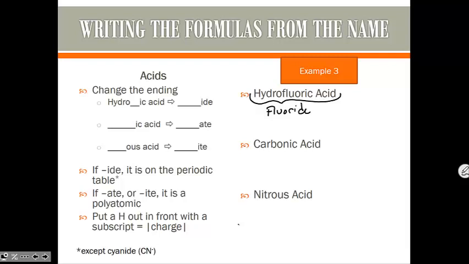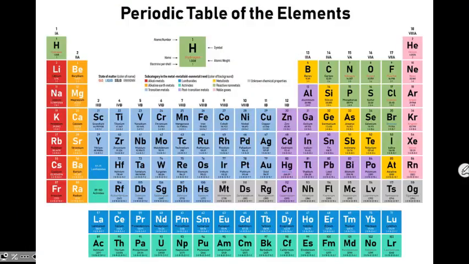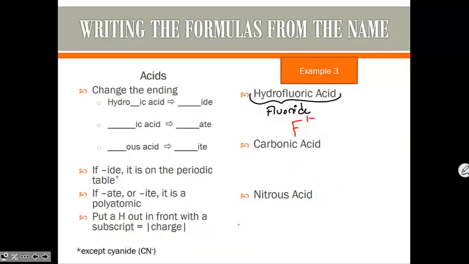When it comes to binary acids, you are expected to know what their charges are. Fluoride would be a fluorine atom that has a charge. I grab my periodic table and see that fluorine is one spot away from being a noble gas. So fluorine must pick up one electron, giving it a -1 charge.